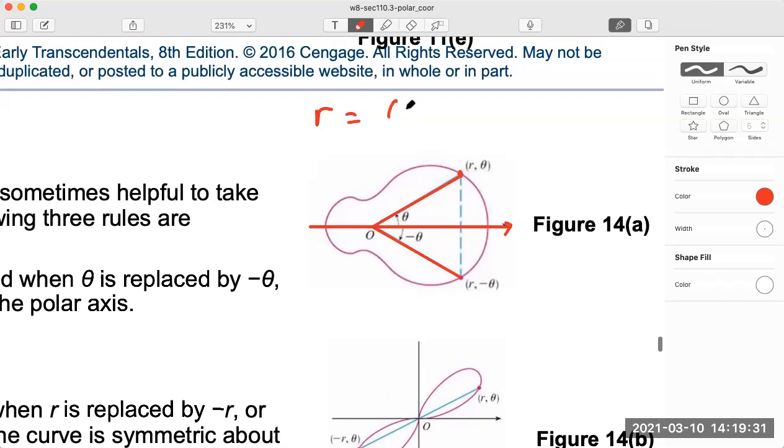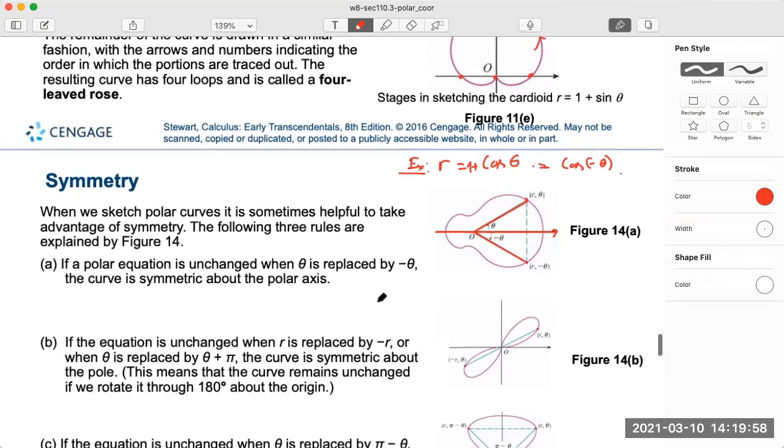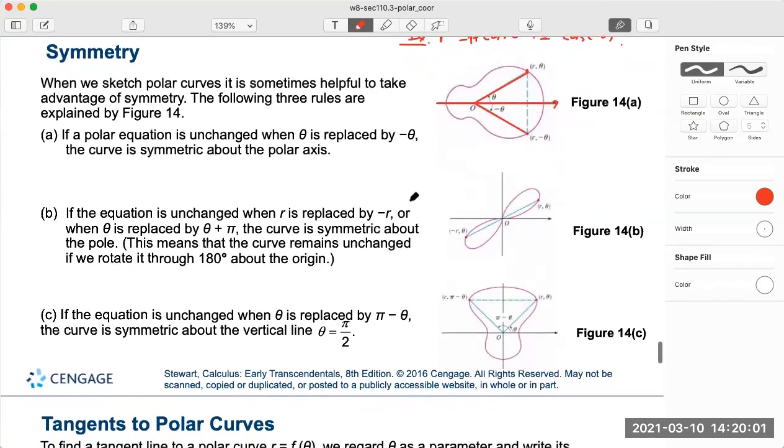The fastest example is this function, r is equal to cosine theta, right? Because the cosine function is an even function, cosine theta is equal to cosine of negative theta. So if you try at home, or you can play with 1 plus cosine theta, you will see that it is symmetric about the polar axis. Similarly, if the equation is unchanged when we replace r by negative r, then it is symmetric about the pole.